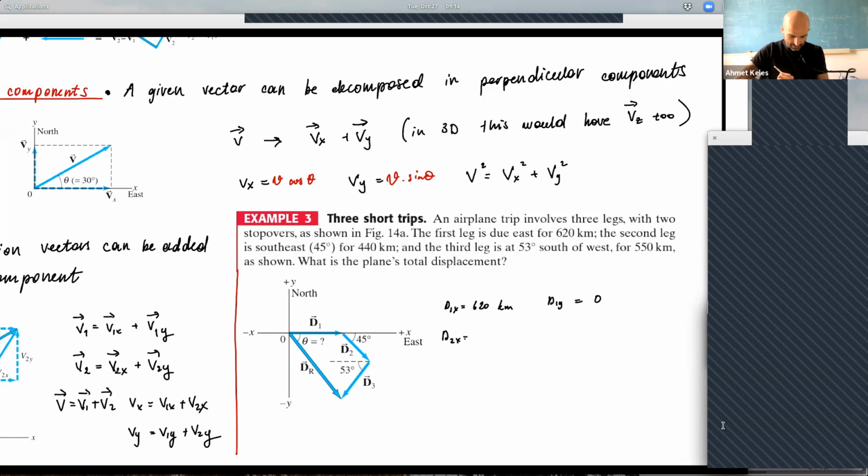D2x is equal to the magnitude, which is 440, times the cosine of this, which is nice because cosine and sine are the same, so we don't have to worry about it. So I just quickly do this. 45 cosine times 440 kilometers is equal to 311.